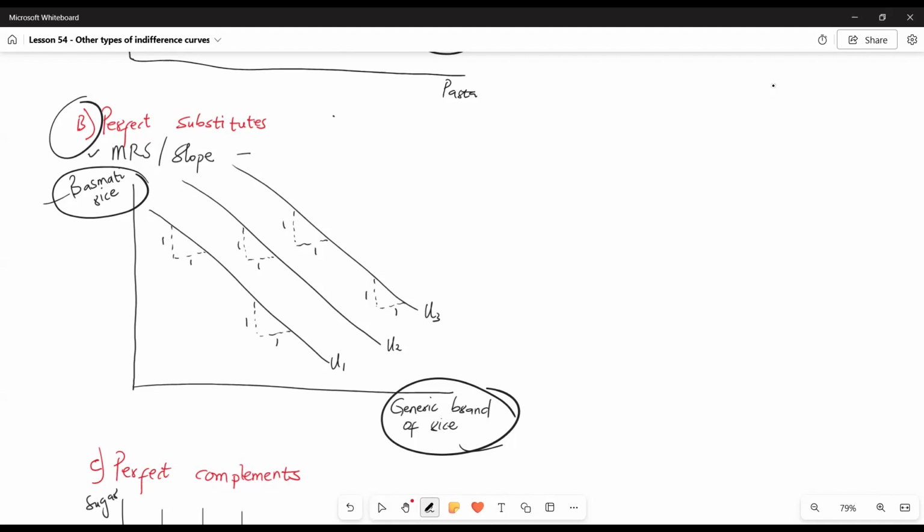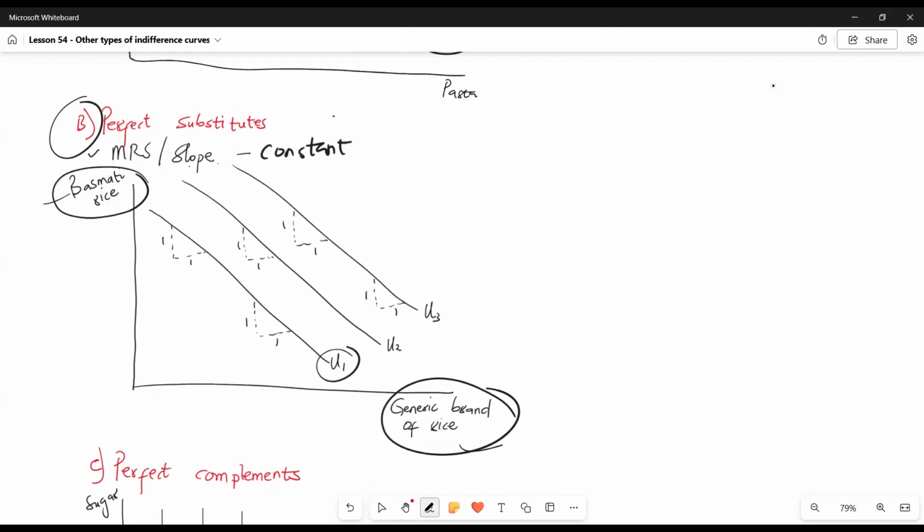So we mentioned that the marginal rate of substitution is also the slope, and in this case it is constant because for the consumer, one bowl of basmati rice is always equal to the generic brand, and this does not change irrespective of where the consumer is on an indifference scale.